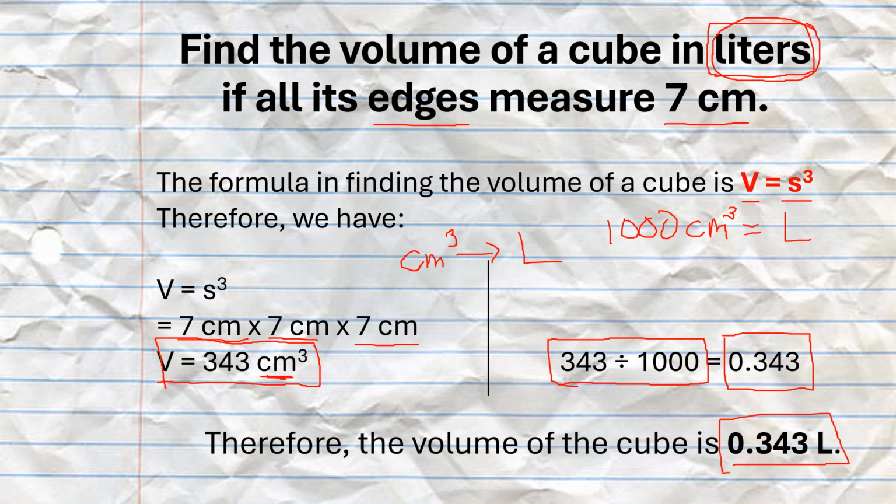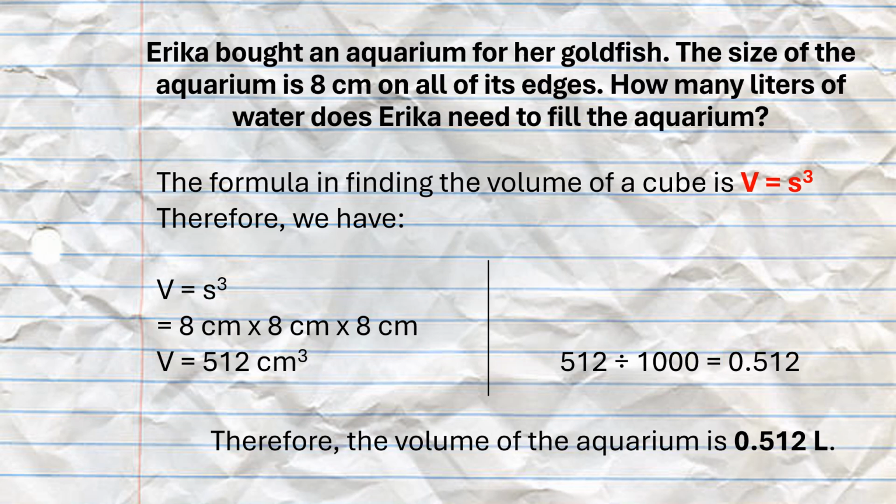So therefore, the volume of the cube is 0.343 liters. As for the last problem, Erica bought an aquarium for her goldfish, and the size of the aquarium is 8 centimeters on all of its edges. How many liters of water does Erica need to fill the aquarium? So we need to look for the volume of the aquarium first in cubic centimeters.